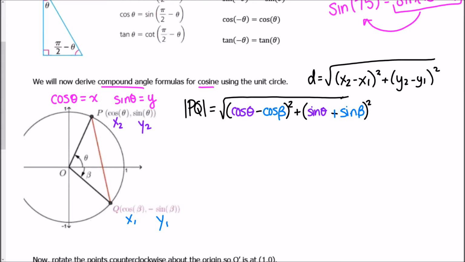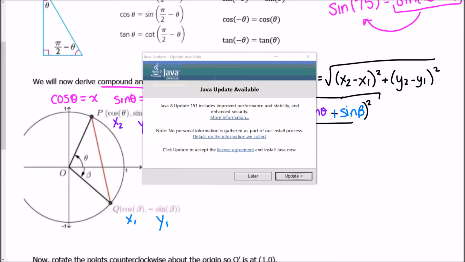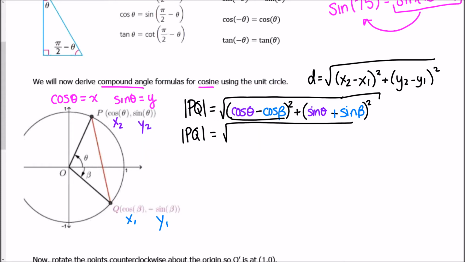Okay, and I'm going to simplify this piece right here. That means PQ is equal to, I'm going to expand this, which just means cosine theta minus cosine beta times cosine theta minus cosine beta. I'm not going to spend time on how to expand it. If you need to expand it on the side to make sure you understand where I got this from, feel free to do so, but we're not going to spend the time in the video doing that.